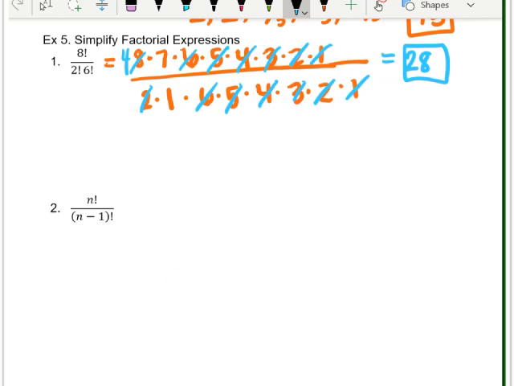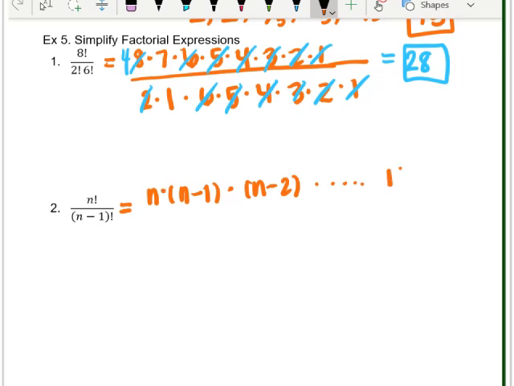All right, the next one, you actually can't do this on your calculator, but we're going to go ahead and try to expand it. Now, n factorial is going to be n times n minus 1 times n minus 2, all the way until we get to basically 1.